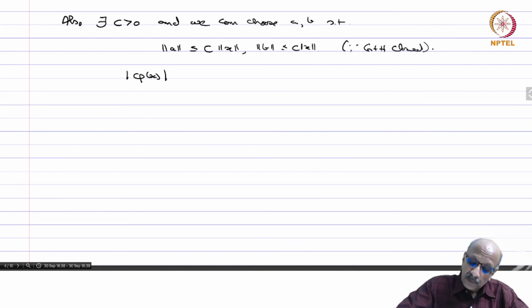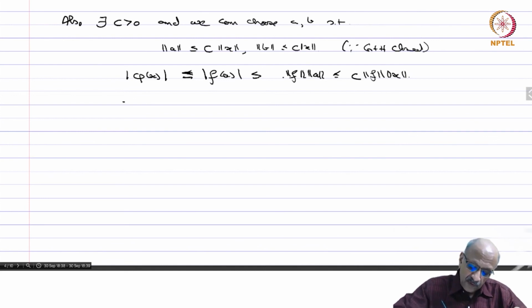Therefore mod phi of x is less than or equal to mod f of a, which is less than or equal to C times norm f times norm a, which is less than or equal to C times norm f norm x, and therefore phi is a continuous linear functional on G plus H.